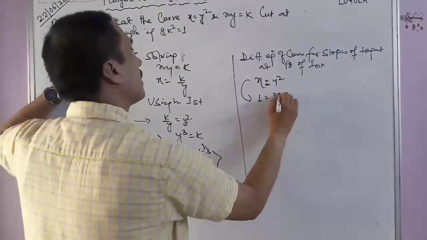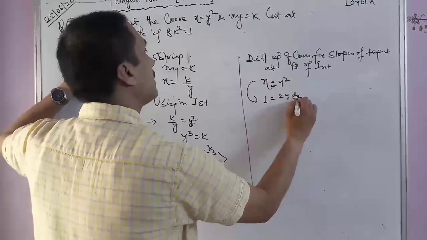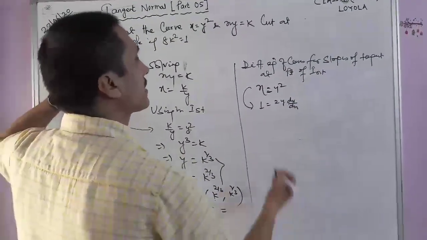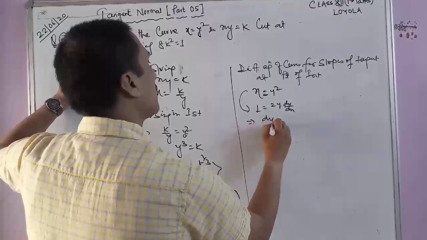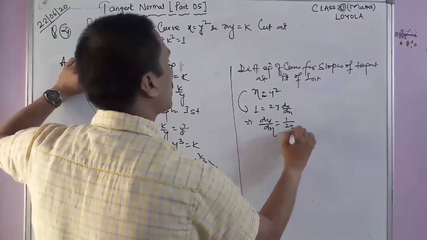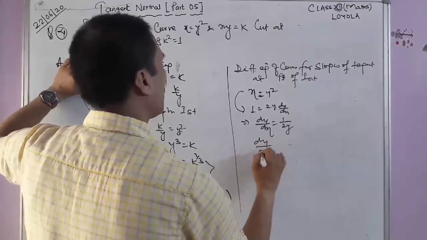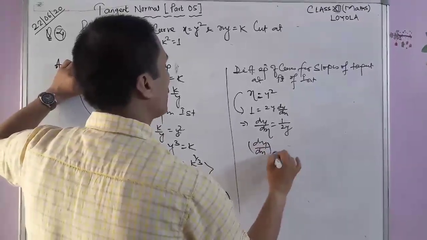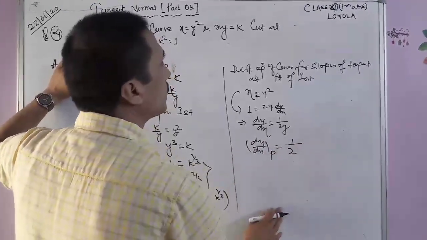Here 1 equal 2y dy by dx. So, dy by dx equal to 1 upon 2y. dy by dx at P, 1 upon 2y.